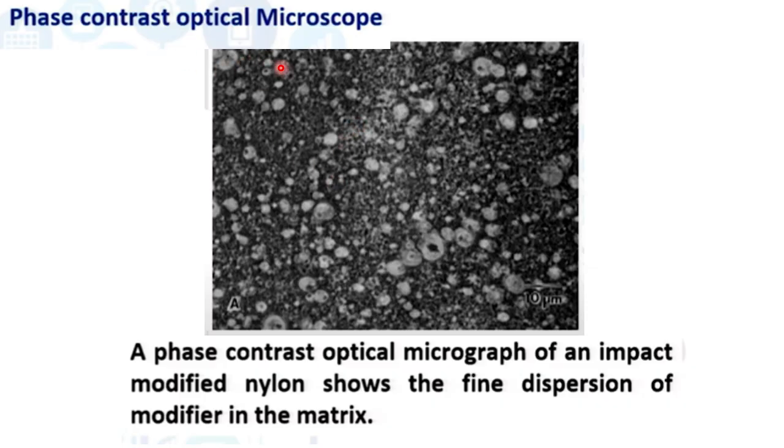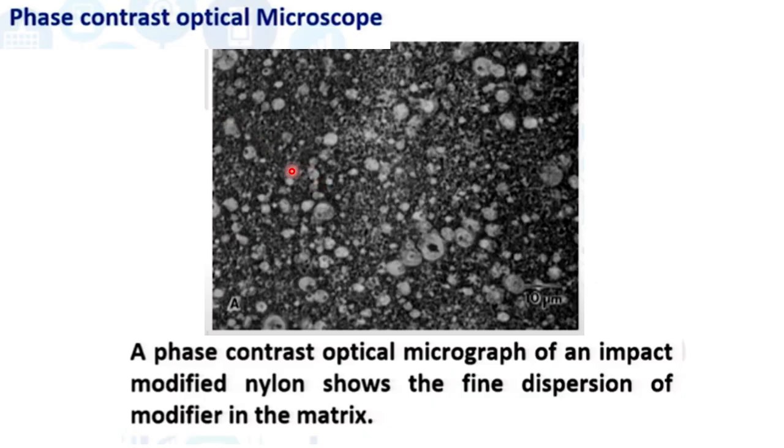Another example of phase contrast optical microscope. This is a micrograph of an impact modified nylon. So what is the impact modified nylon? Basically, you have provided some rubber particles inside the fiber. In that way, it will absorb the impact. That's why it is called impact modified nylon. So the fine dispersion of the modifier in the matrix you can visualize through the phase contrast optical microscope.